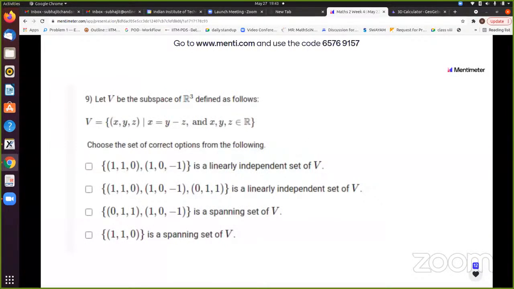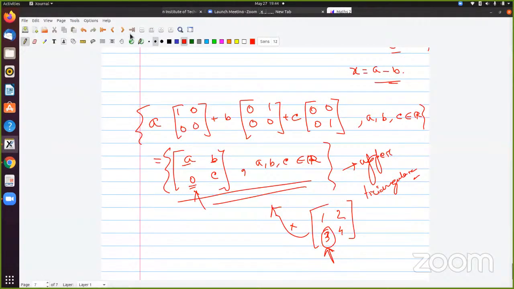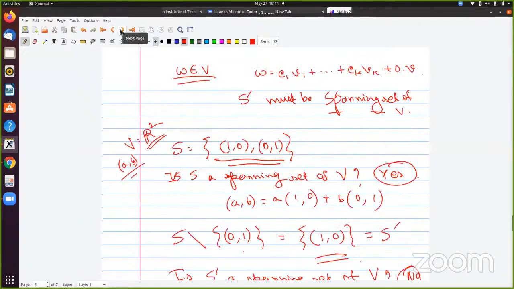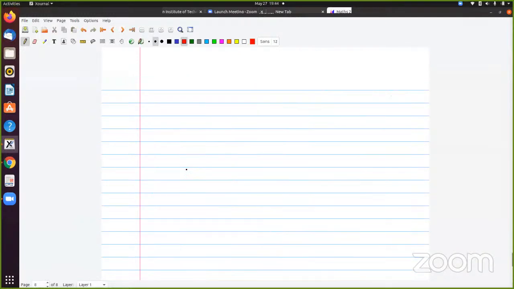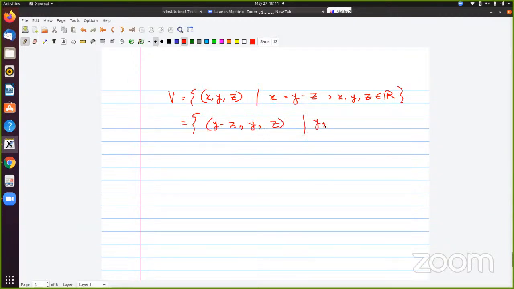So what is this saying? There is a vector space which is a subspace of R3 such that x equal to y minus z, where x, y, z are real numbers. Any element of this vector space is basically of the form (y minus z, y, z).